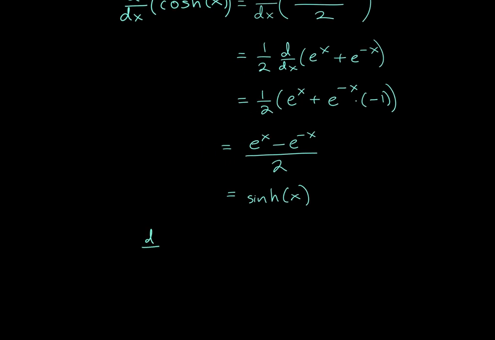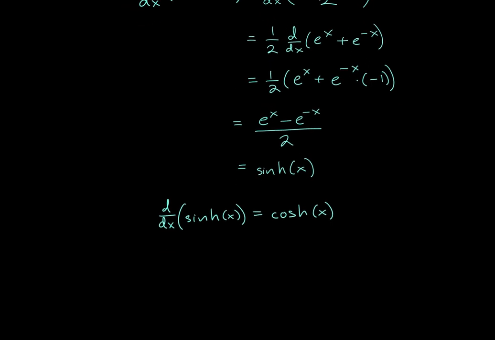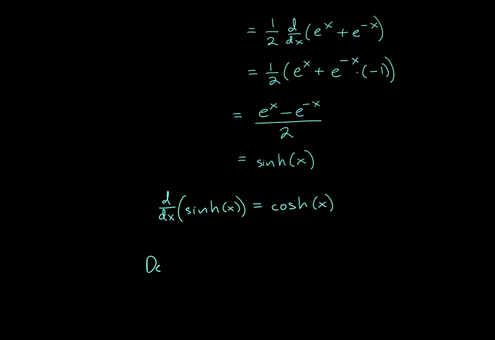Homework, quote unquote: show that the derivative of sinh of x is equal to cosh of x. And also you should ask, wait, what about tanh of x and things like this? And indeed, those exist.